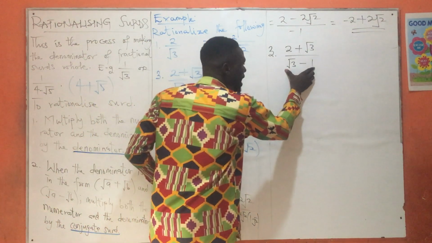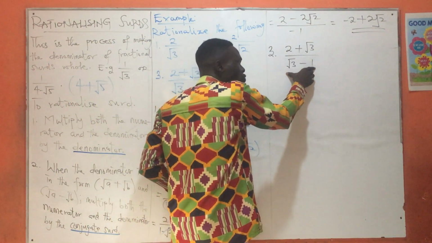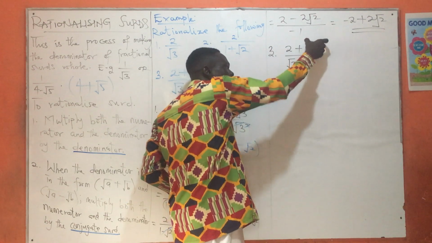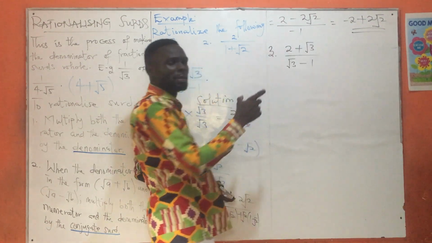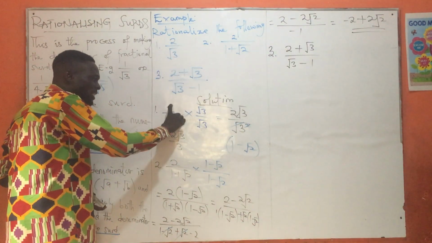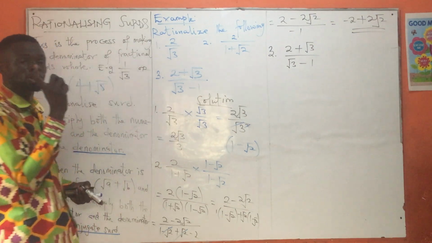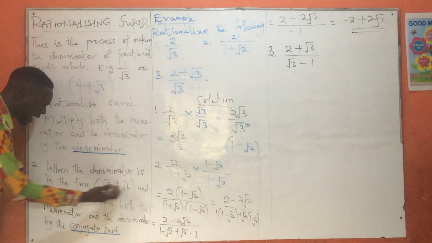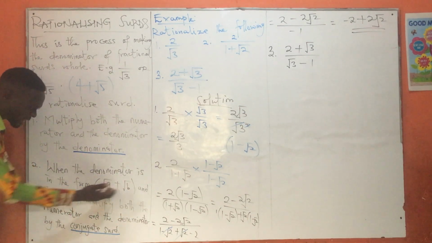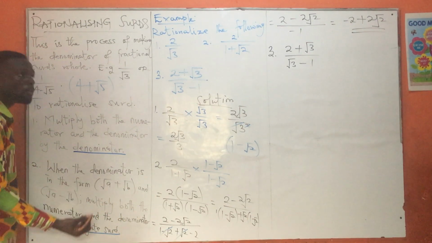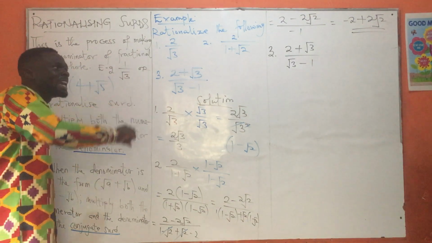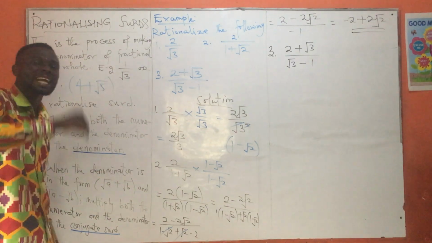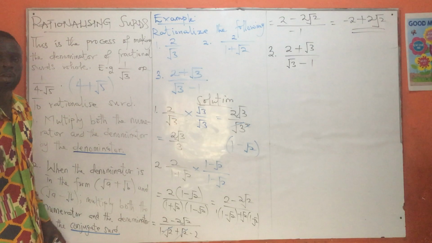So what do I need? I am not going to multiply the numerator and the denominator by the denominator. No, only when it is of that nature. But because the denominator is of this format, we will rather multiply the numerator and the denominator by the conjugate surd of the denominator.